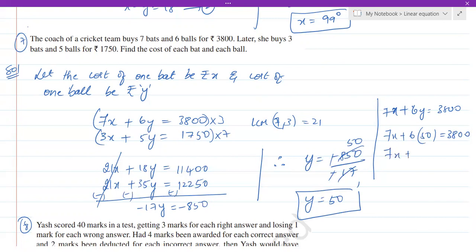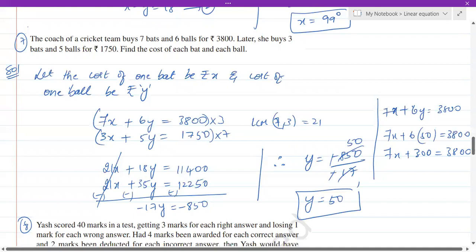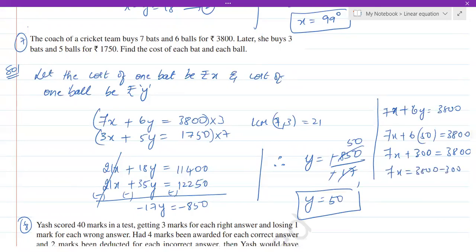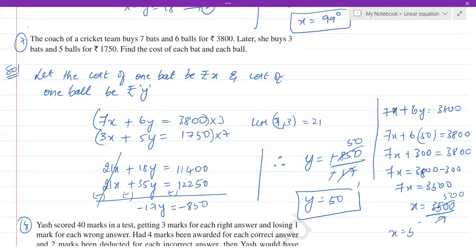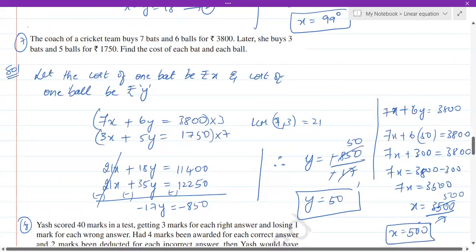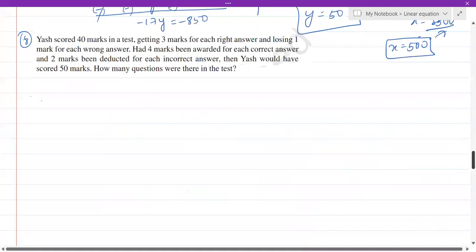Therefore, 7X plus 300 is equal to 3,800, which implies 7X is equal to 3,800 minus 300, which implies 7X is 3,500. 3,500 divided by 7 gives us 500. Therefore, the cost of a bat is 500 rupees. Okay, I hope it's clear. Let's get into the next one.